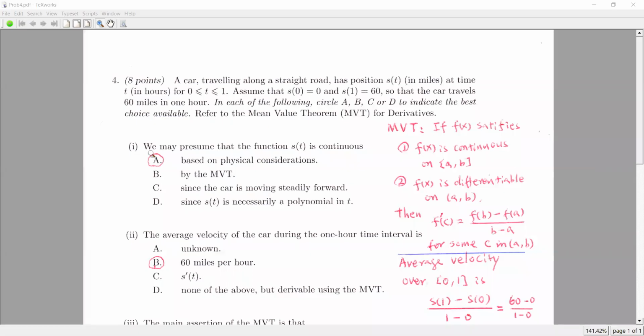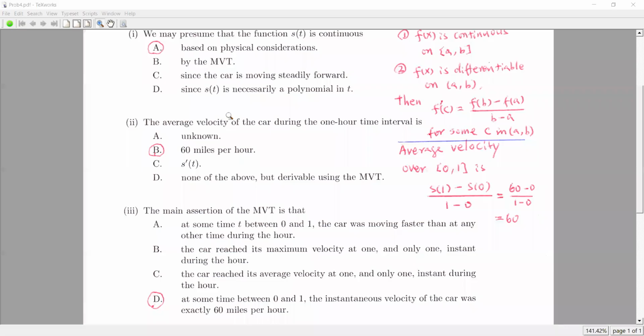Part 1. We may presume that the position function S of t is continuous. The best choice is A, based on physical considerations. Part 2. The average velocity of the car during the 1 hour time interval is, I compute the average velocity here, and I get 60.